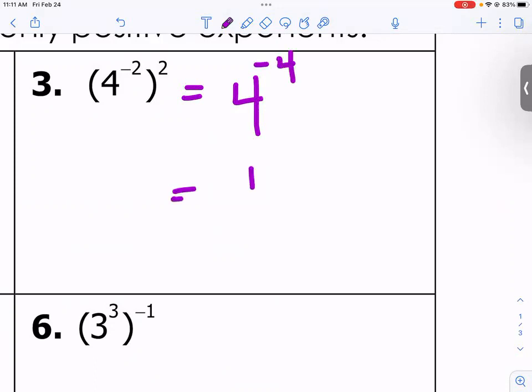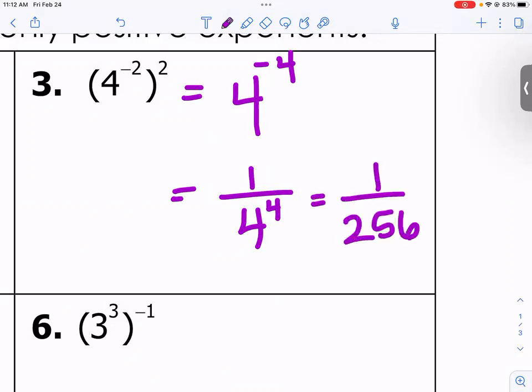So we would have to write this as 1 over 4 to the 4th. Somebody with a calculator, can you tell me what 4 times 4 times 4 times 4 is? Look at that.